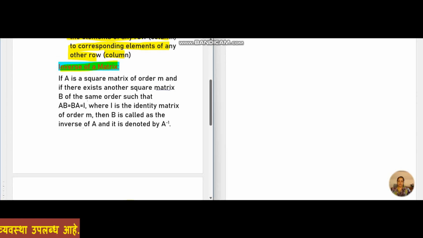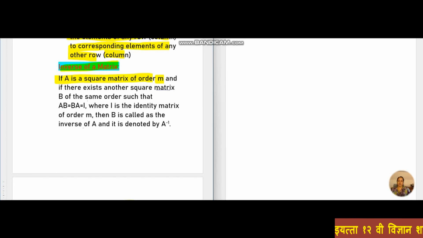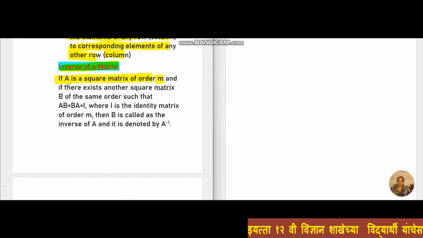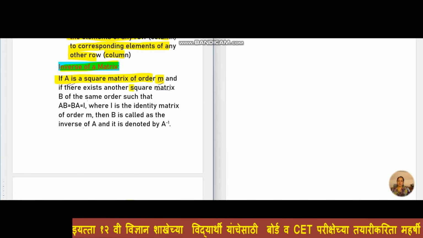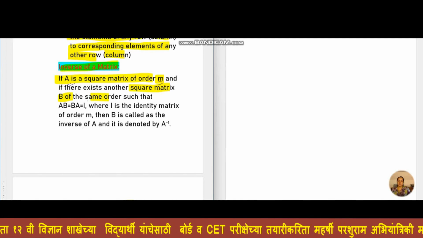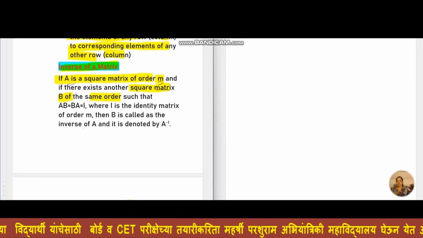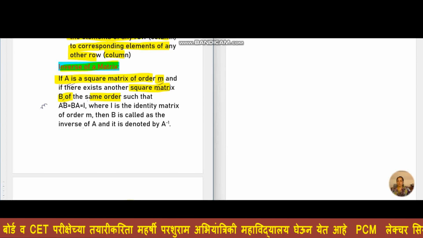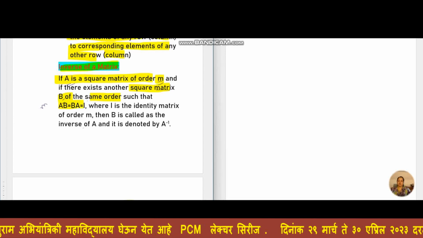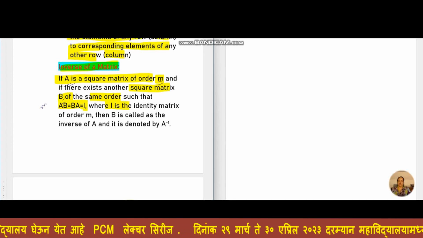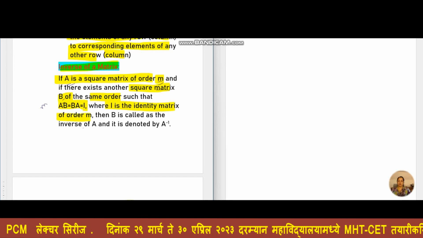Inverse of a matrix. If A is a square matrix of order m, and if there exists another square matrix B of the same order, means the order of B is also m, such that AB is equal to BA is equal to I, where I is the identity matrix of order m.